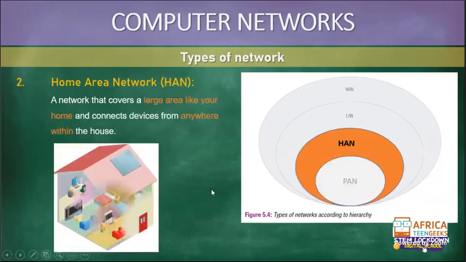And then you move on to a HAN, which is home area network, and it covers a larger area like your home and connects devices from anywhere within the house. So within the house, you'll be able to connect to any device.